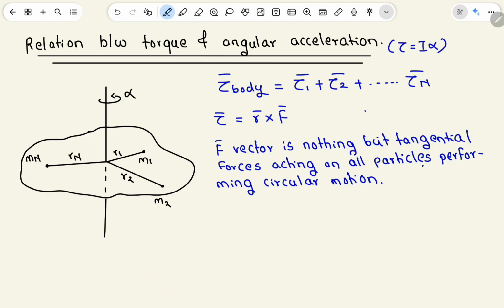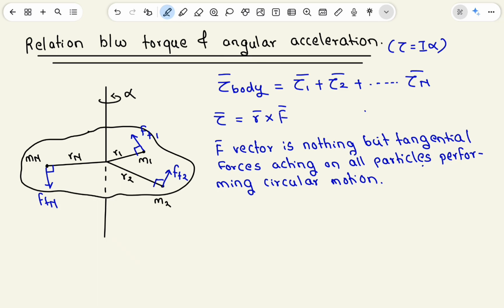And we know that these tangential forces are going to be perpendicular to the position vectors. So I draw the tangential vector for mass 1 like this and I write it as Ft1. For mass 2, I draw it like this and I write Ft2. And for mass n, I draw it like this and I write Ftn. So Ft1 is the tangential force acting on particle 1, Ft2 is the tangential force acting on particle 2, and Ftn is the tangential force acting on particle n. And they all are perpendicular to their respective position vectors.